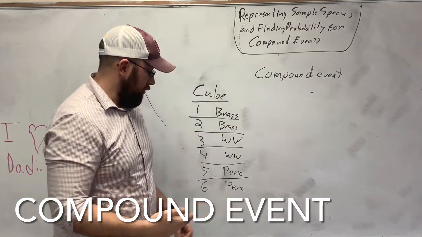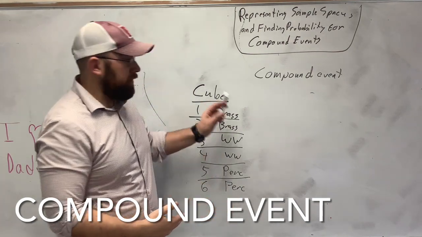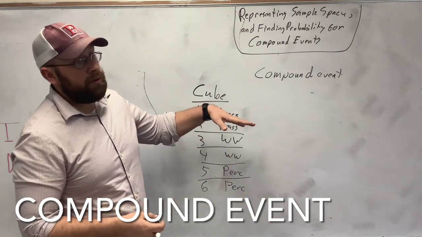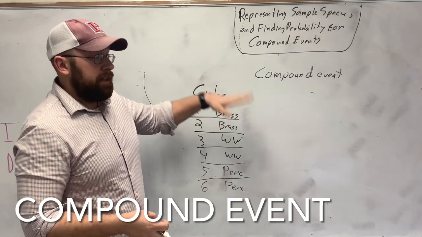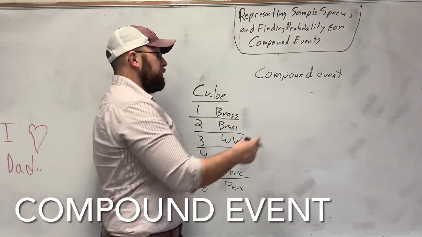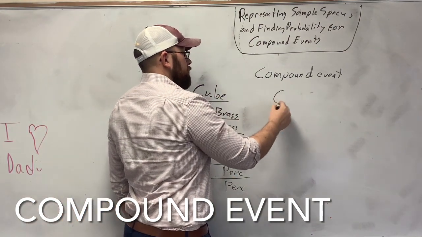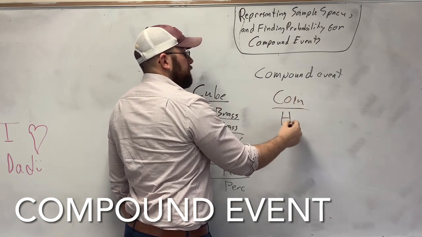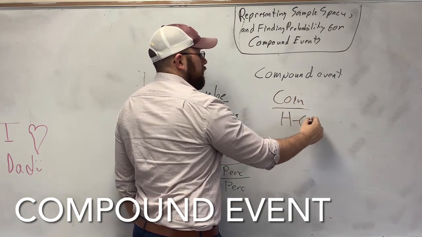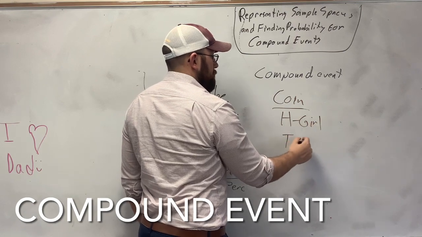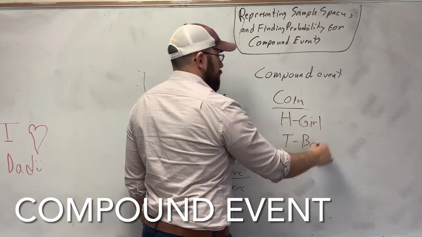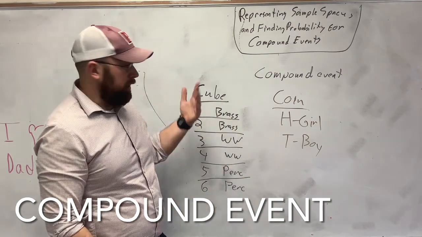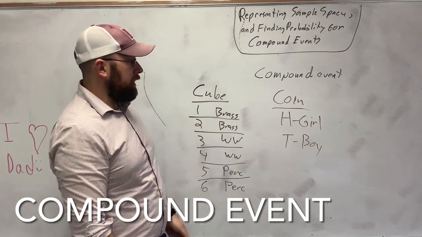So I showed you first the cube and the coin, and then I showed you the instruments and the boy and girl, and now I'm combining these two events. So the coin will be: heads will be girl, tails will be boy. Alright, and then you do your simulation.